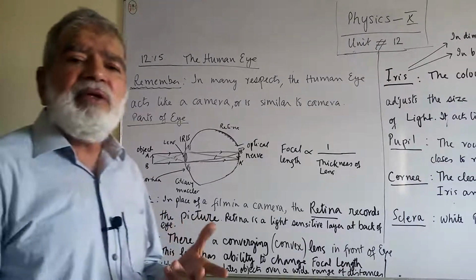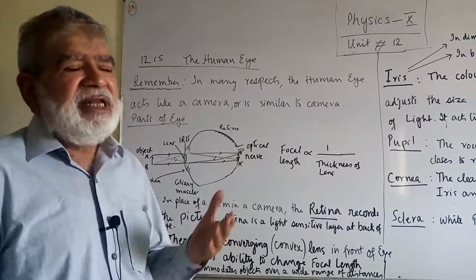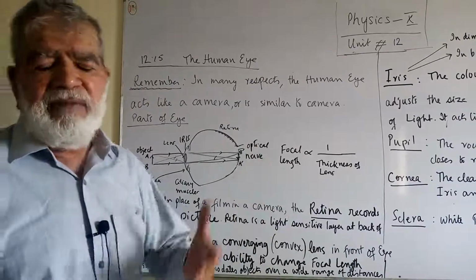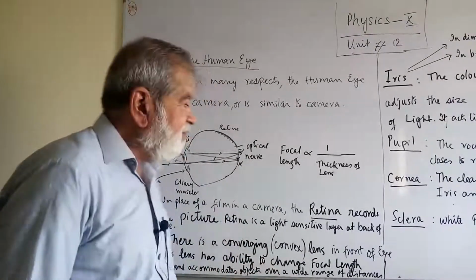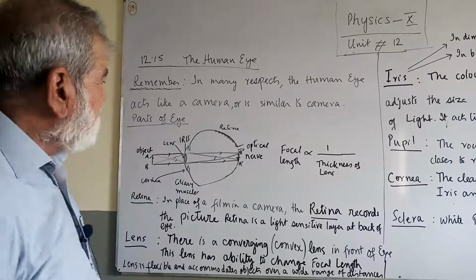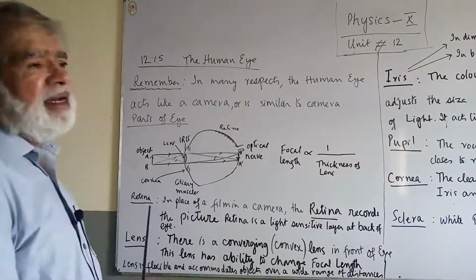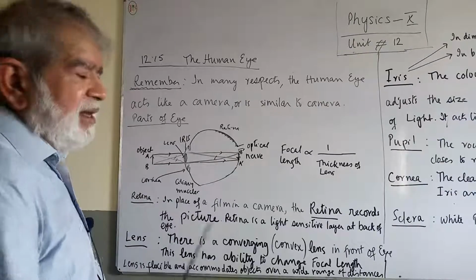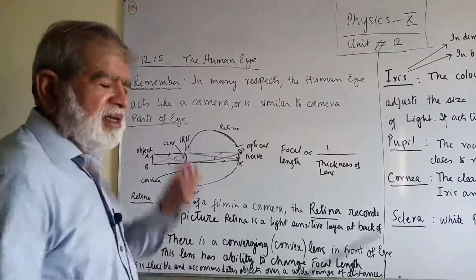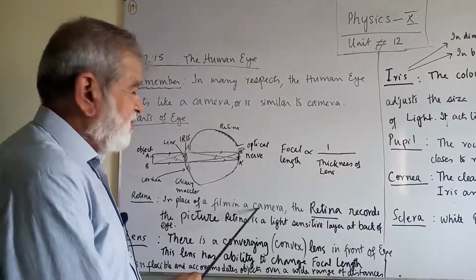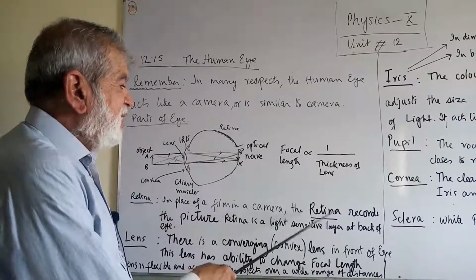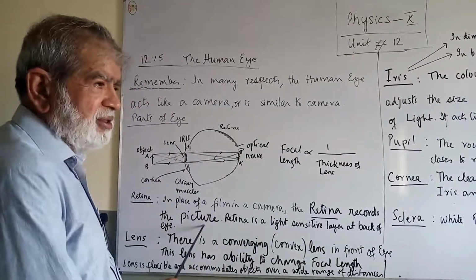In a camera you have a film which is light sensitive, so when light impinges upon it, the image is recorded onto the film. In the human eye, the retina is in place of the film. It's at the back of the eye. In place of a film in a camera, the retina records the picture.